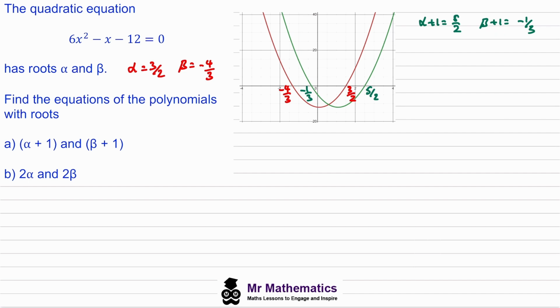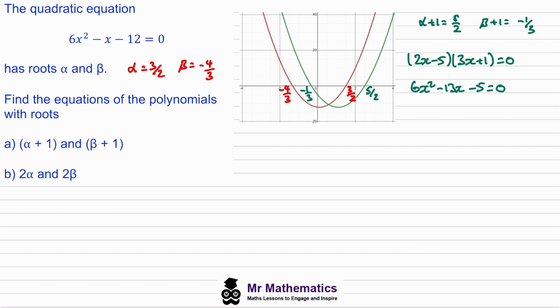And we can work out the expanded form of this new equation using these roots. We'll have 2x minus 5 from alpha plus 1 and 3x plus 1. And this will equal 0. So our expanded form will be 6x squared minus 13x minus 5, and this will equal 0.